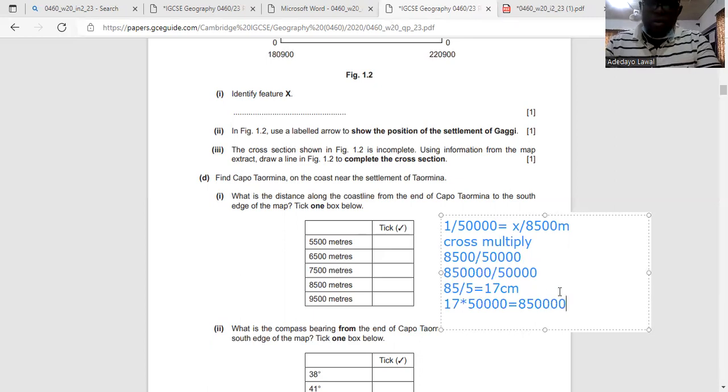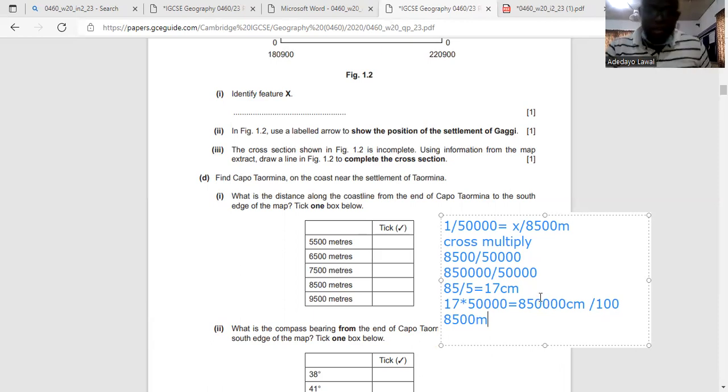So this is the answer in centimeters. If you divide it by 100, you will get your answer as 8,500 meters. I hope this calculation has not confused anybody. So that is how they arrive at that.